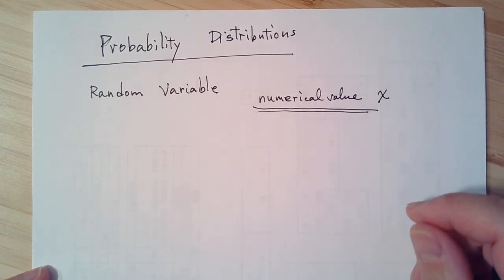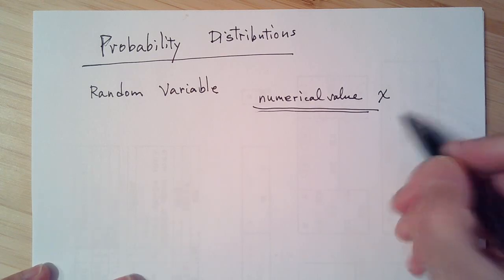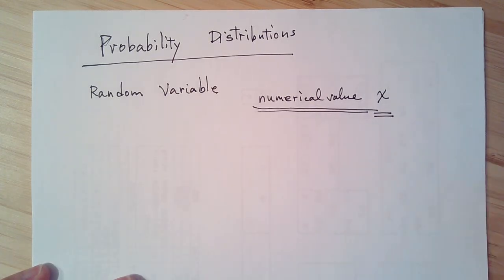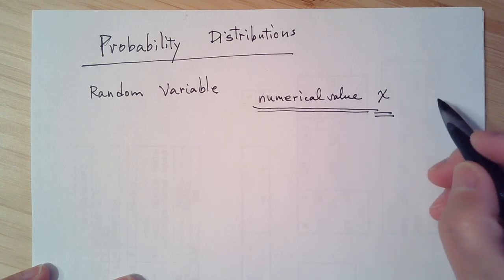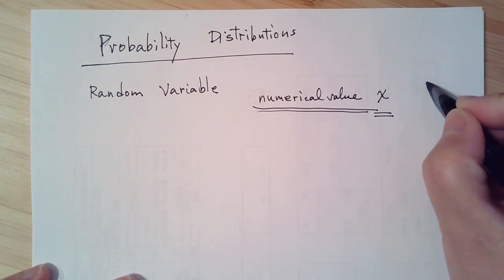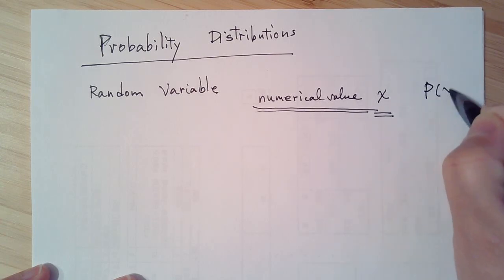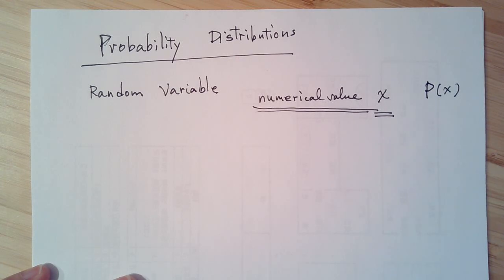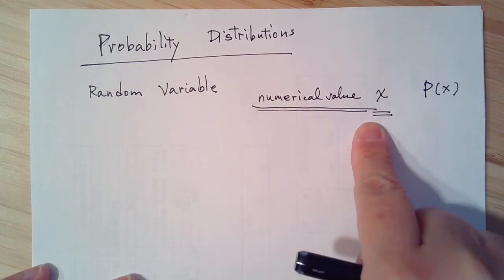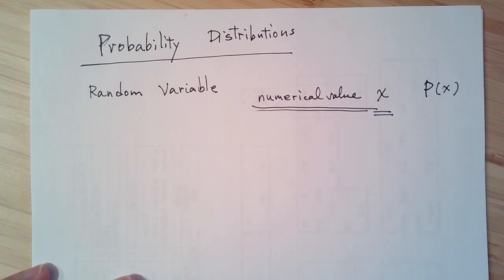All right, now the probability distribution: for each value of this random variable, there is a probability of it. So that gives the probability to each value of the random variable.